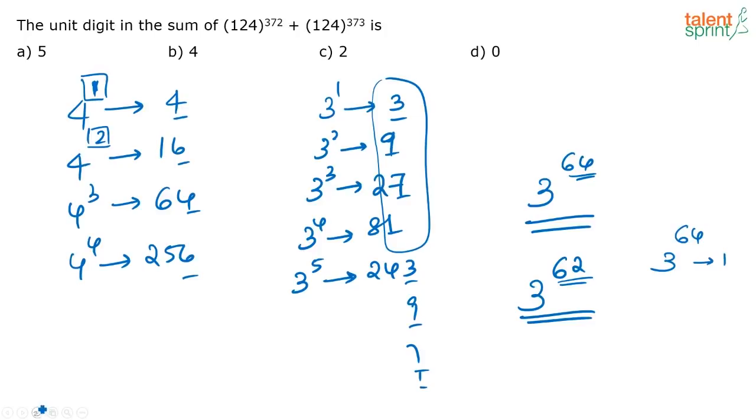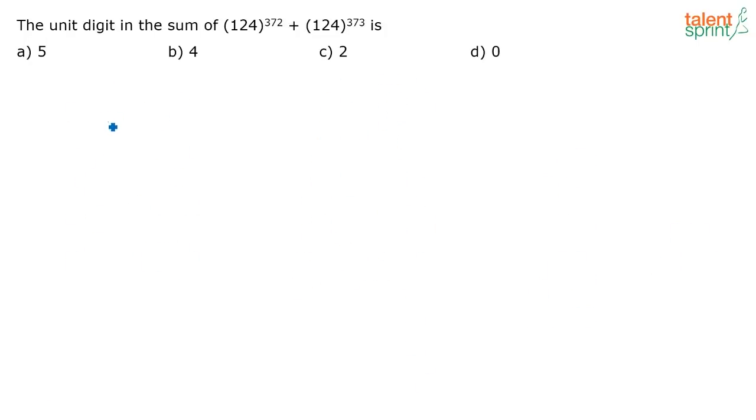Now let us look at this question here. For this question you have 124 to the power 372. If you look at the last digit here, it is 4, correct? So what is the last digit of 4 to the power 372? Is 372 divisible by 4?